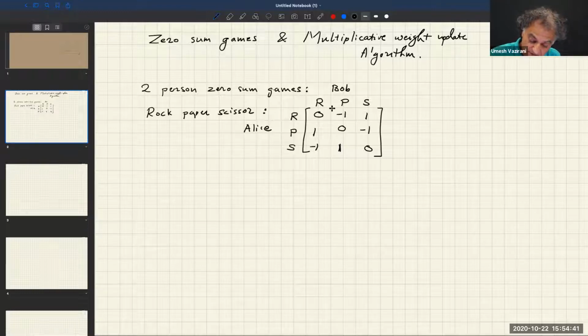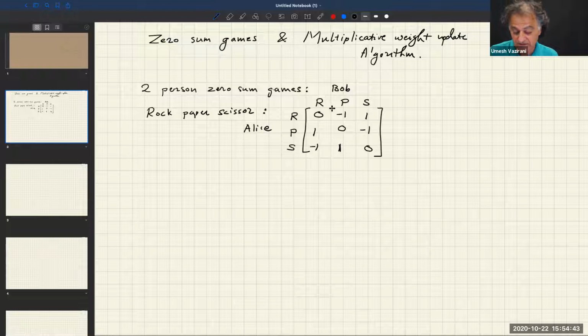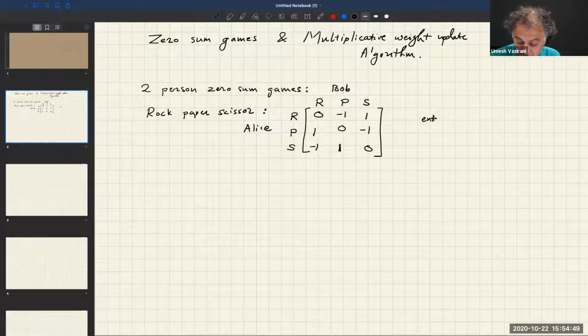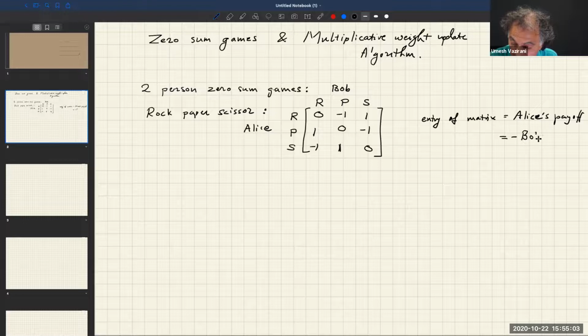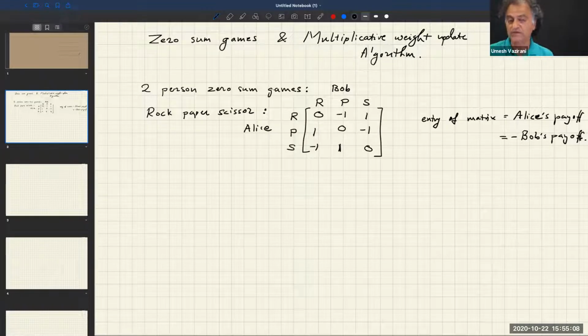Bob plays a column of the matrix, and then the entry of the matrix is equal to Alice's payoff, which is minus Bob's payoff. Okay, so it's the amount that Alice wins and Bob loses.